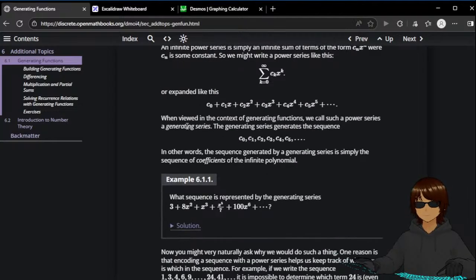When we're in the context of generating functions, we call such a power series a generating series. The generating series generates the sequence c_0, c_1, c_2, and so on, but only when x is 1, right?